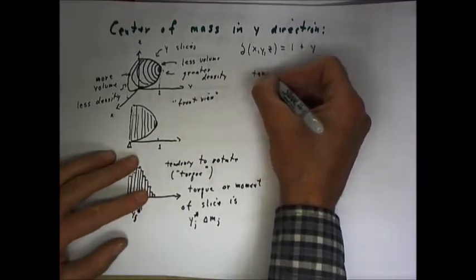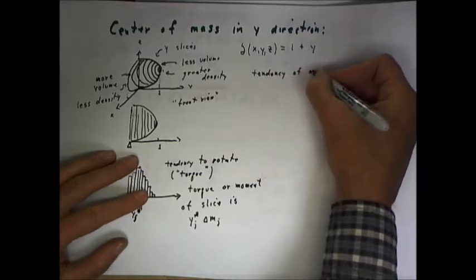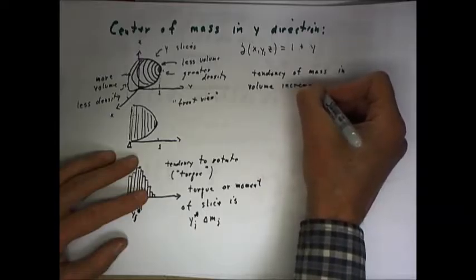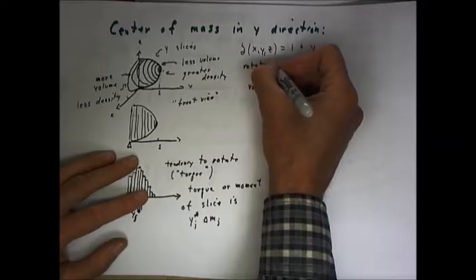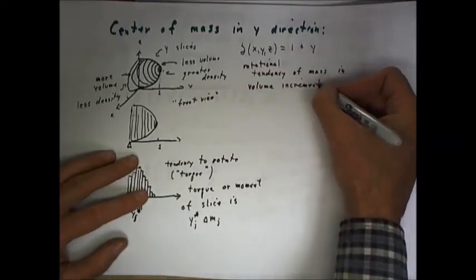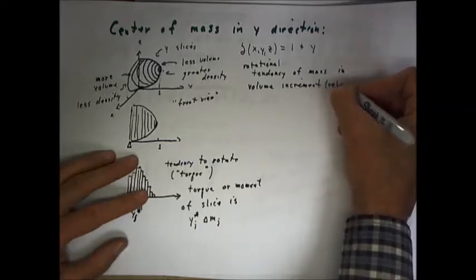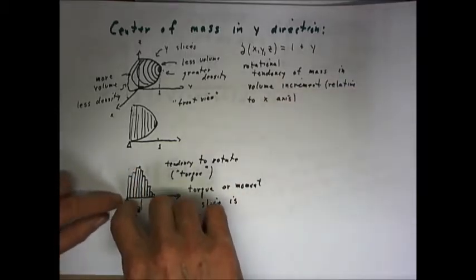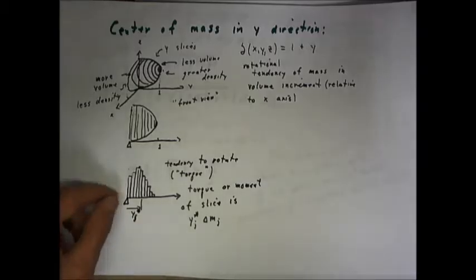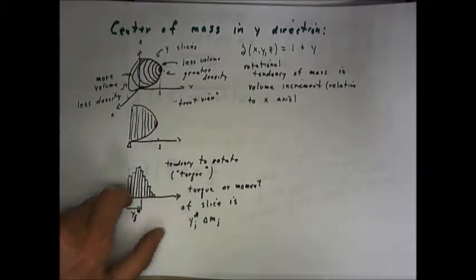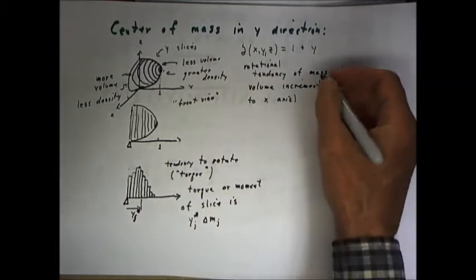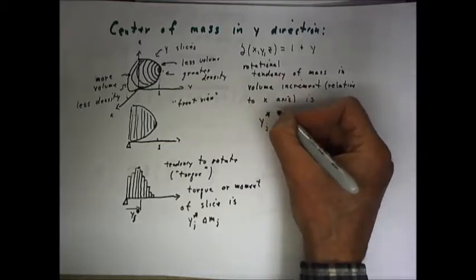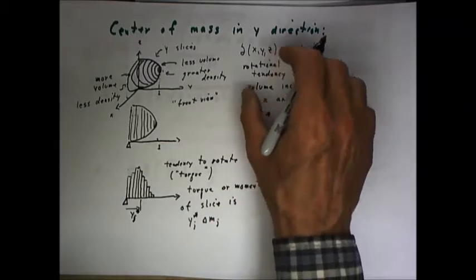And I'll say then that the rotational tendency of the mass in a volume increment relative to the x-axis, where we consider the fulcrum to be actually at the origin, but the gravity to be pulling straight down so that the rotation is about the x-axis, is then simply y sub j star times the mass in that volume increment.